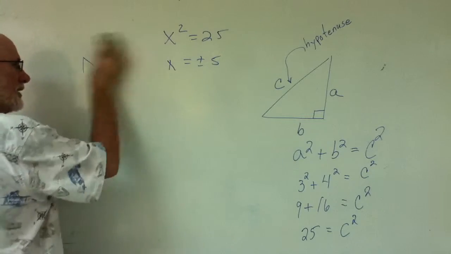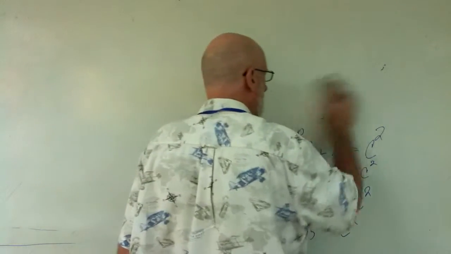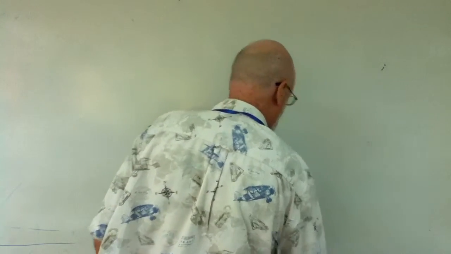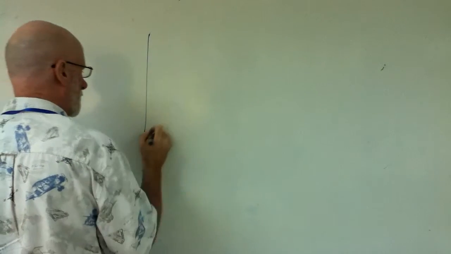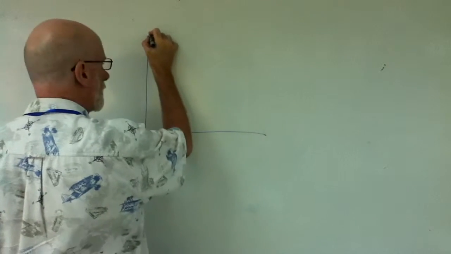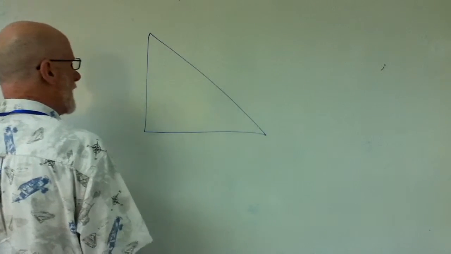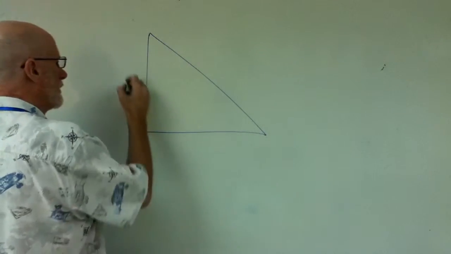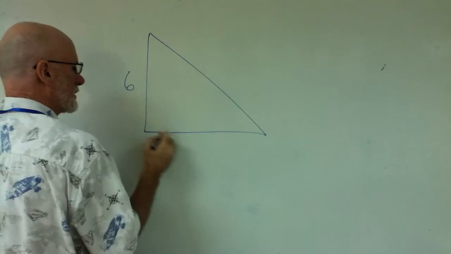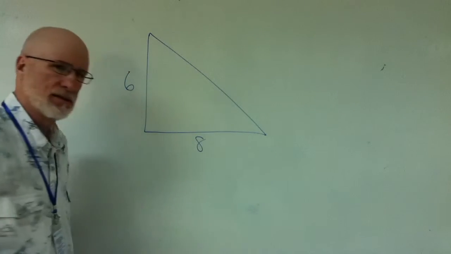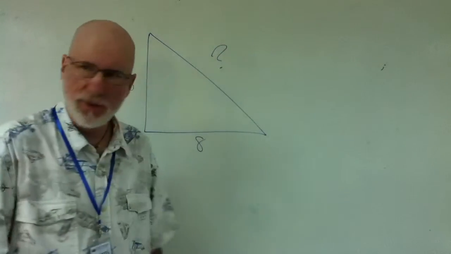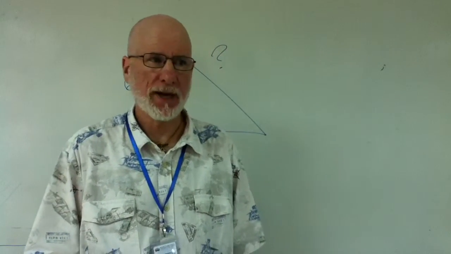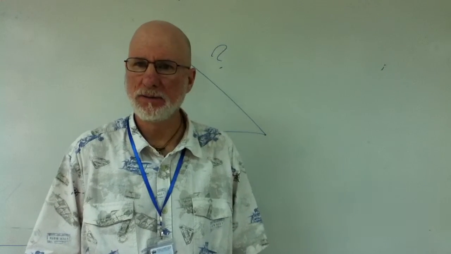Let's say that we had one like this. Let's say this is 6 and this is 8. What's this going to be? Do it right now. Do it on your books. Quick, quick, quick.